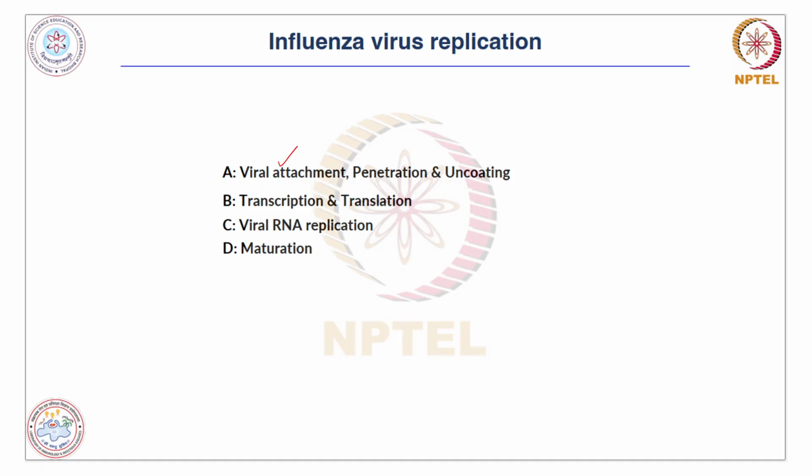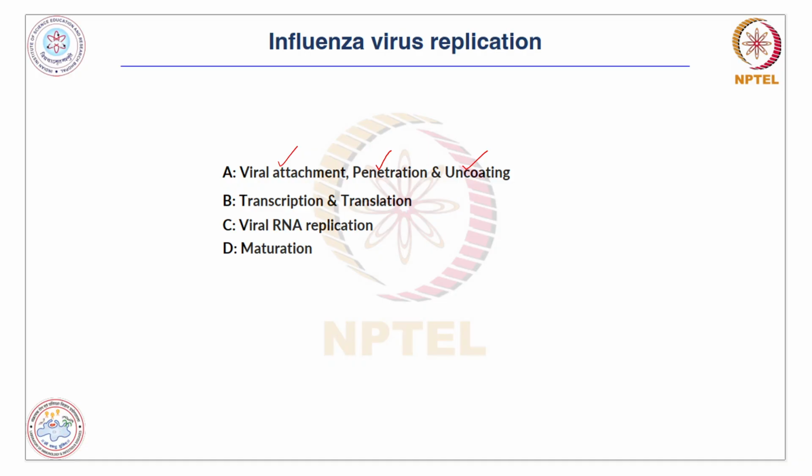It happens through the hemagglutinin protein of the virus via sialic acid of the host. The next was penetration. It happens via endocytosis through clathrin-coated pits. Next was uncoating. This happens via the M2 ion channels, which acidify the interior of the virus.